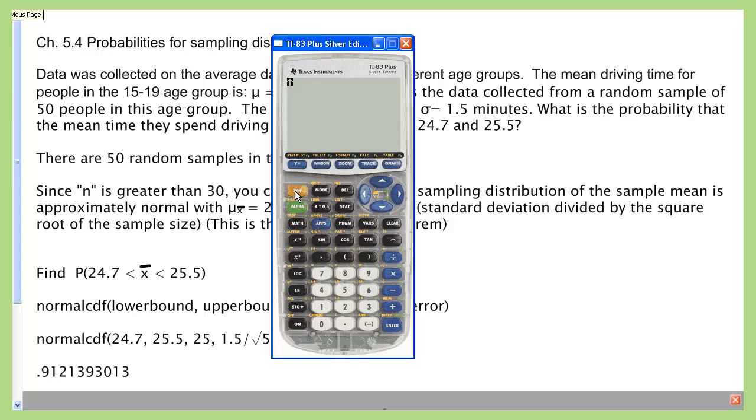and I'll go to second distribution and down until you get to your normal cumulative distribution here, and the lower bound is 24.7, comma, the upper bound is 25.5.